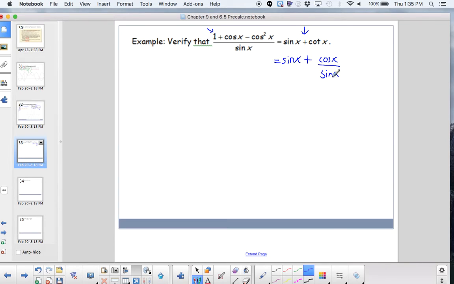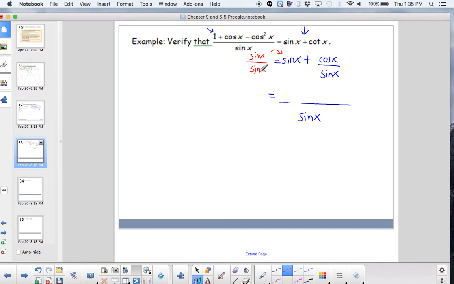Okay? And when you look at the left side of the equation compared to the right side, you notice you have a fraction with a common denominator of sine x. And so it looks like we could have an opportunity there to come up with a single denominator of sine x. But if I'm going to do that, then this side here needs to be multiplied by sine x over sine x.